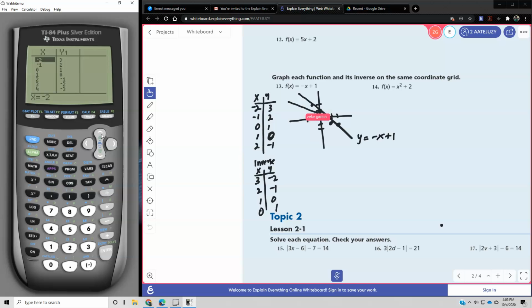So it's going to kind of look like this. So this is my inverse. So what you're going to do is you're going to make a table of y equals negative x plus 1. And then you're going to switch the x and the y and then sketch a graph. Okay?